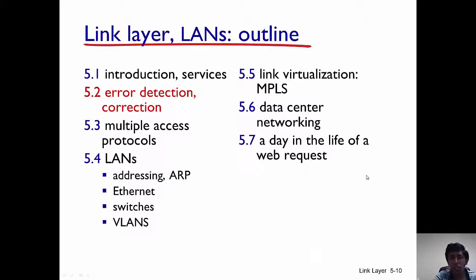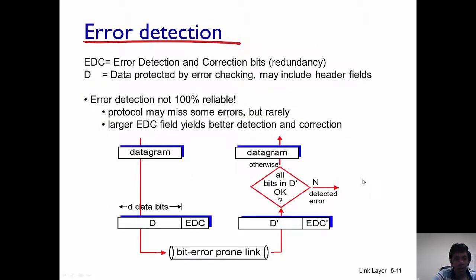So we'll end this lecture, as I was mentioning, with a brief discussion about error detection and correction. Now, how does error detection work? Let's consider this simple diagram here. First, this portion here is the sending side, and this is the receiving side.